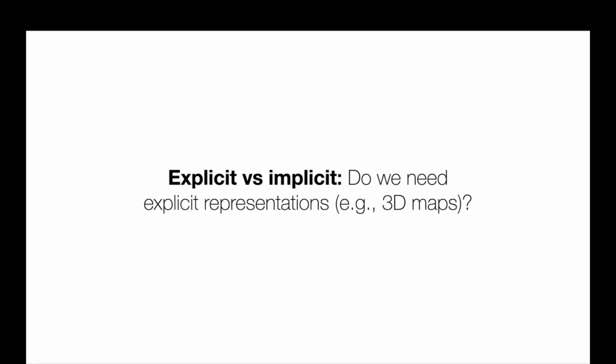Any takers? I can share some thoughts, maybe just to initiate the conversation. That's actually a question that we are asking ourselves quite frequently these days, in the sense that explicit and implicit representations for the purpose of 3D mapping provide very complementary characteristics. At the same time, it's currently hard to bridge the gap between the two.